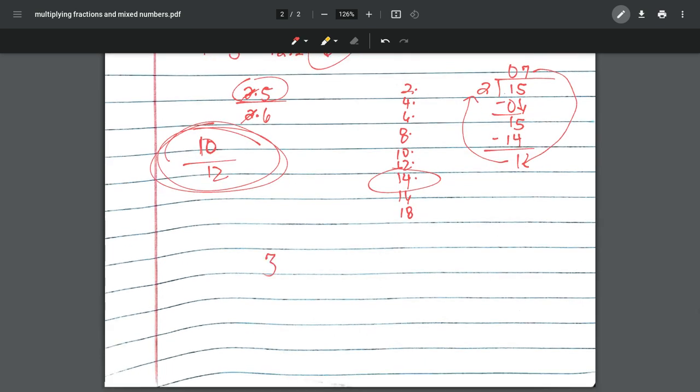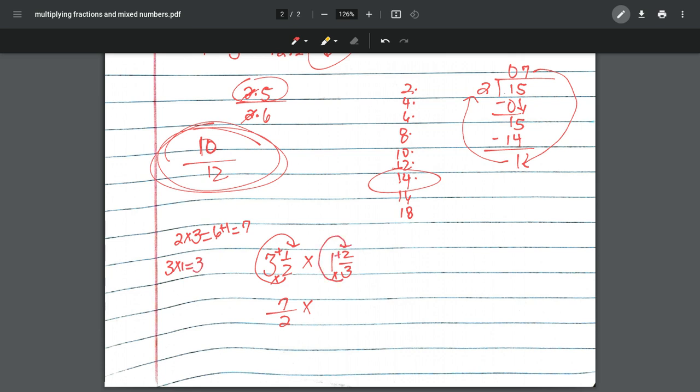So let's do 3 and 1/2 times 1 and 2/3. So I'm going to say 3 times 2 or 2 times 3 is 6. And then I'm going to add the 1. I get 7. So that's 7 over 2 times. Here, 3 times 1 is 3.